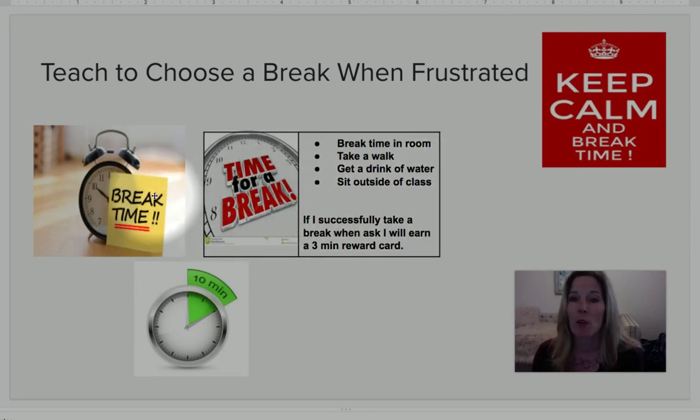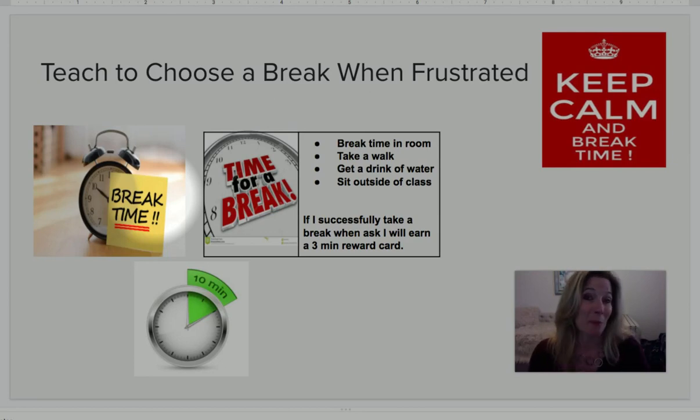It doesn't matter what you decide to use as a break cue, it allows them to know what they can do in order to access a break. They could use a symbol, they could use a hand selection, whatever they want. But what's key when we set up a calming space for all of our students is that there are some key elements within that space.